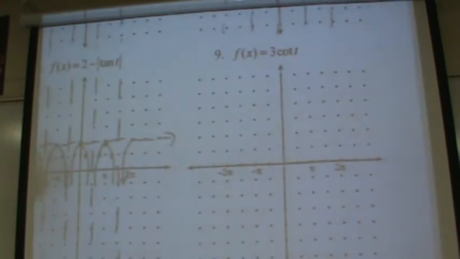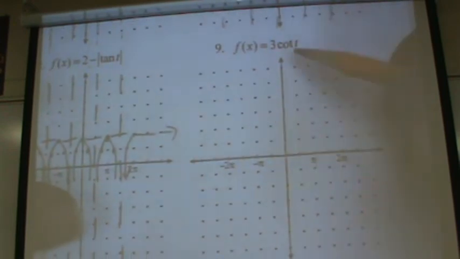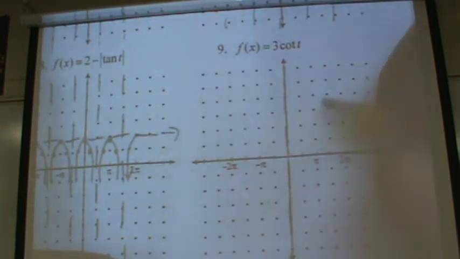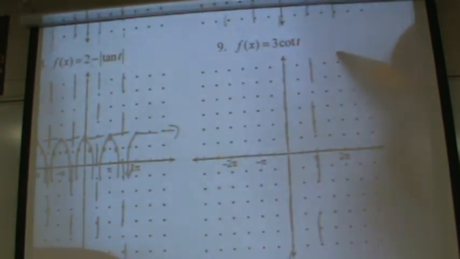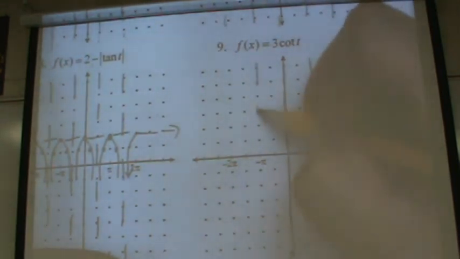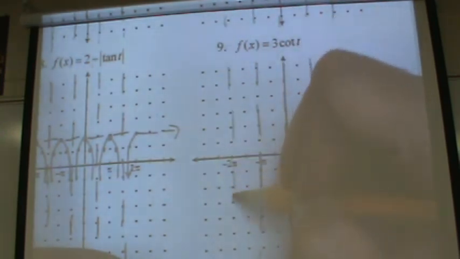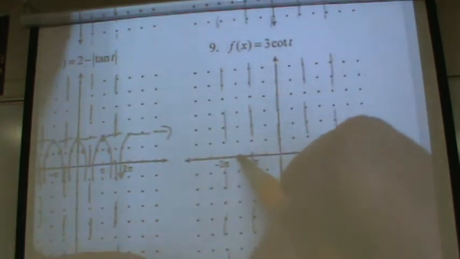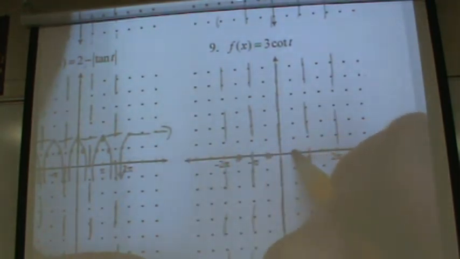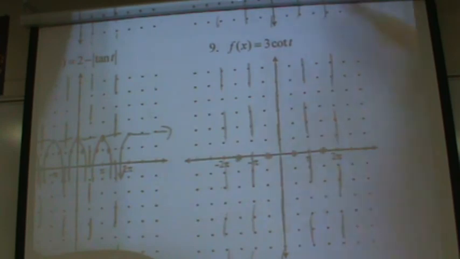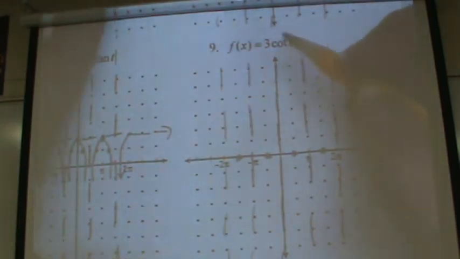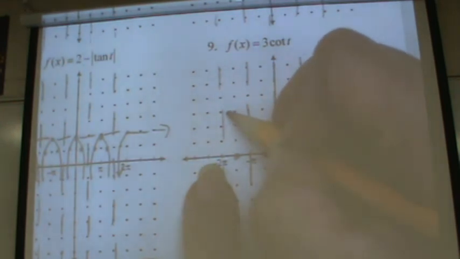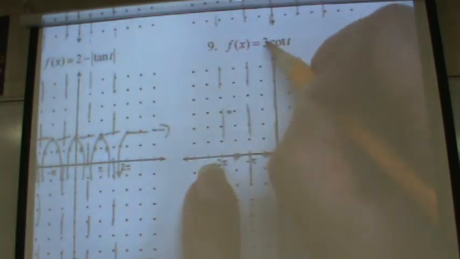Okay. Number 9. It's cotangent. Where are the asymptotes to cotangent? 0, all the pi's. Now your x-axis is right on the x-axis. So you put your zeros in. Now cotangent looks like a negative sloped line. So in between these, you're going to go 3 units high, because it's a steepness of 3.